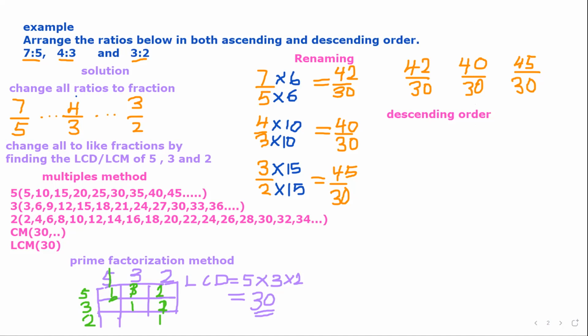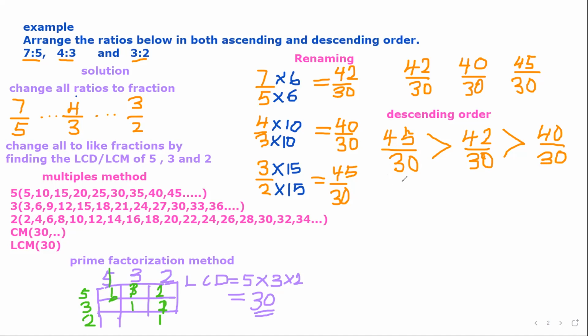So now we have 45 out of 30, which is greater than, then followed by the 42 out of 30, which is also greater than, then 40 out of 30.